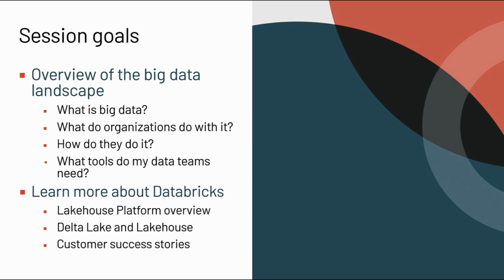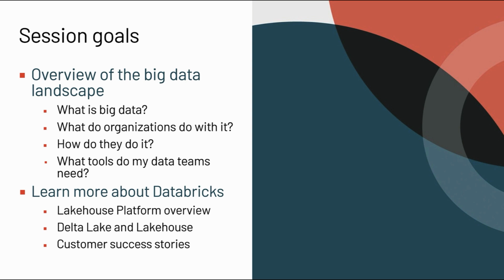In this course, we will start with the basics. So in the first half, we're going to take a step back from Databricks and just introduce you to concepts like data types, data formats, the key roles and abilities to look for when you're building out your data teams, and the different ways that organizations today are working with big data.